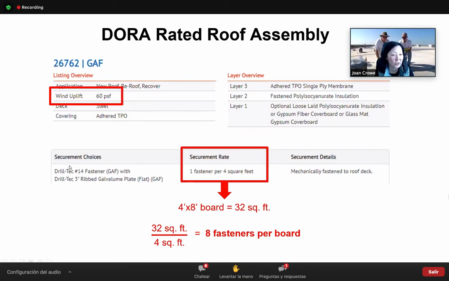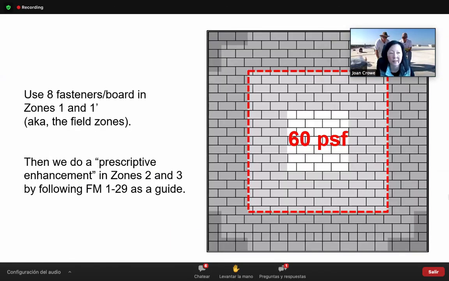And if you go to the securement information, you'll see something that says 1 fastener for every 4 square feet. So for a 4x8 board, you're going to need 8 fasteners per board for a 60 pounds per square foot roof. And again, this is for an adhered TPO. The top layer is like a dense deck, and then under that is polyiso attached to a steel deck.